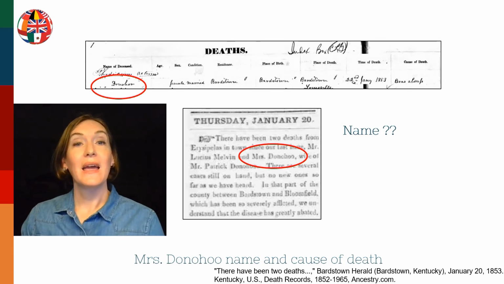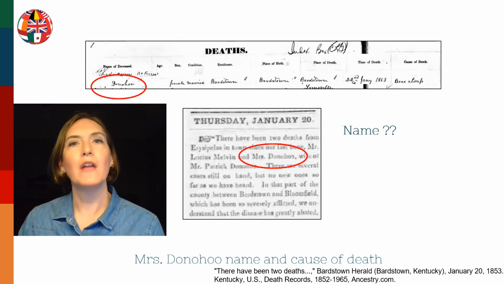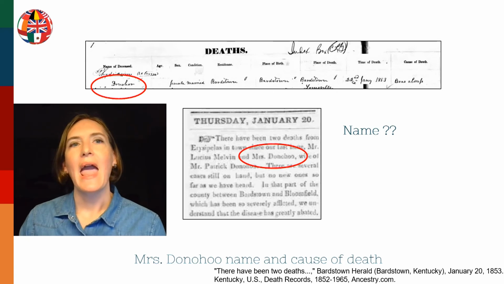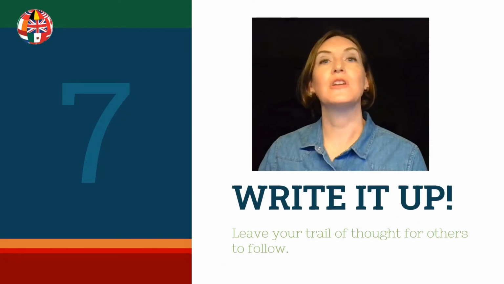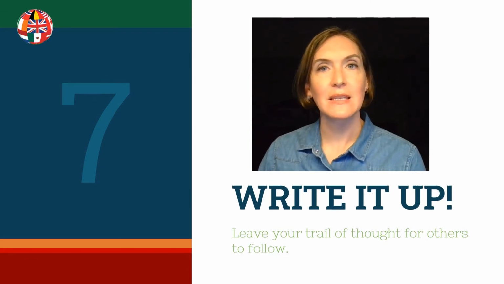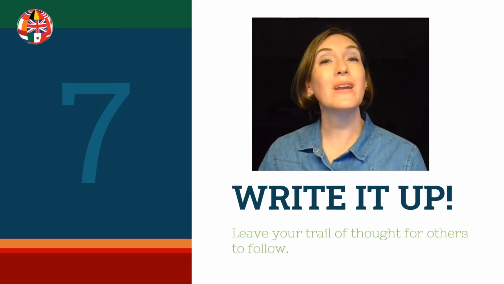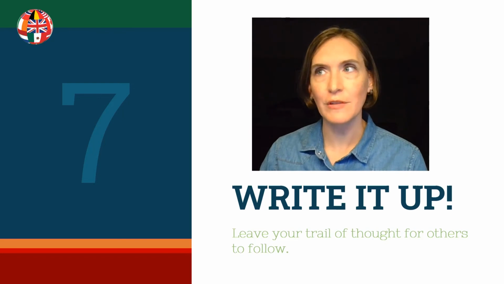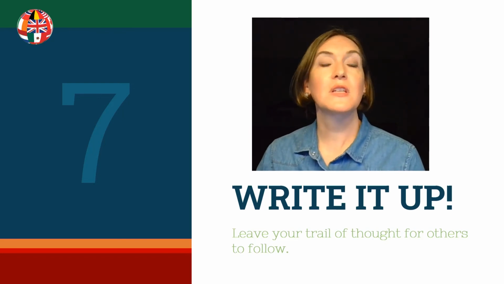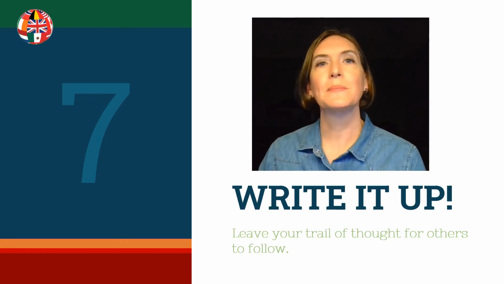But I think I can resolve these conflicts by really just comparing and contrasting and writing it up. And that is my last strategy for you. I think every time that you have conflicting evidence, you really need to write up what your conclusions were, or even if you haven't resolved it yet, just the conflict that you have, so that future researchers come along and say, yes, they noticed that conflict and they have addressed it in their research.